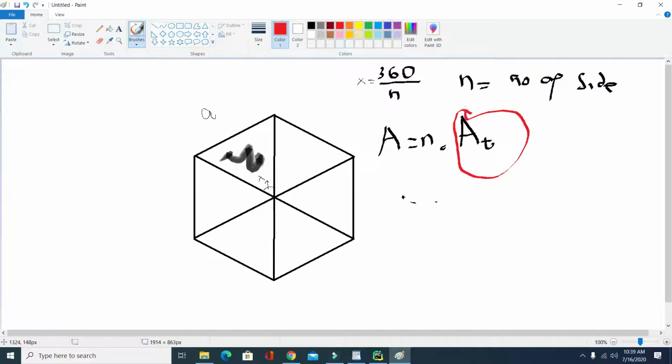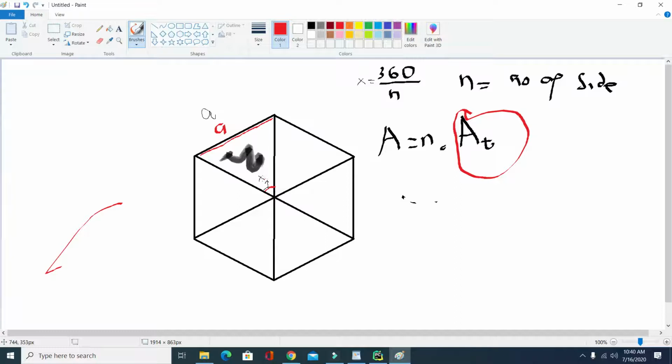So here, let's say what we know about AT. We know its base length, which is a here, and we know the top angle, which is x, and x is equal to 360 over n.